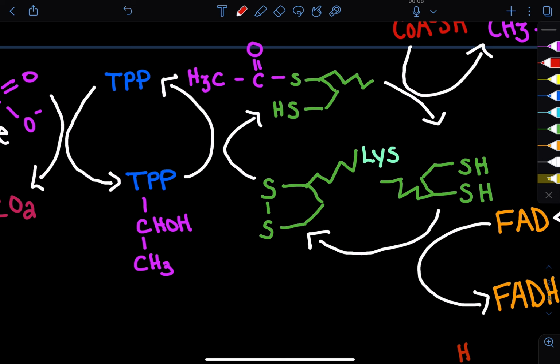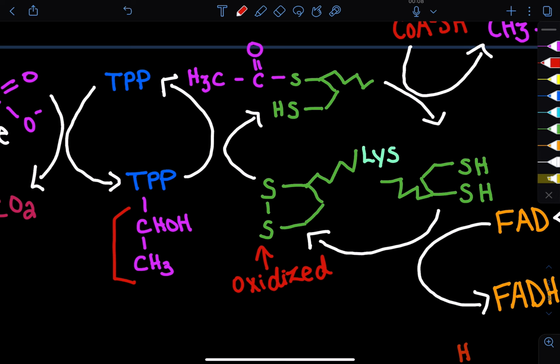So lipoic acid has this sulfur bond. So we have these 2 sulfurs binding to one another, and we refer to this as these sulfurs being in their oxidized state.